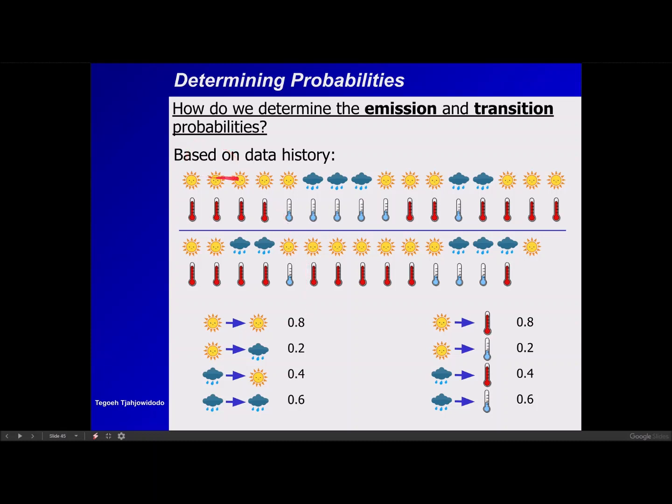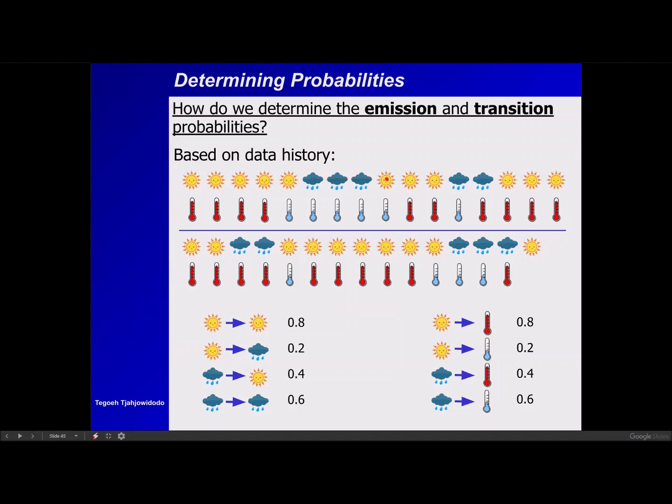So let's take a look at the weather sequence here. We calculate how many of this sequence have a transition from sunny to sunny. So from here we have 1 from sunny to sunny, 2, 3, 4. Okay, we have 4 and this is not counted.